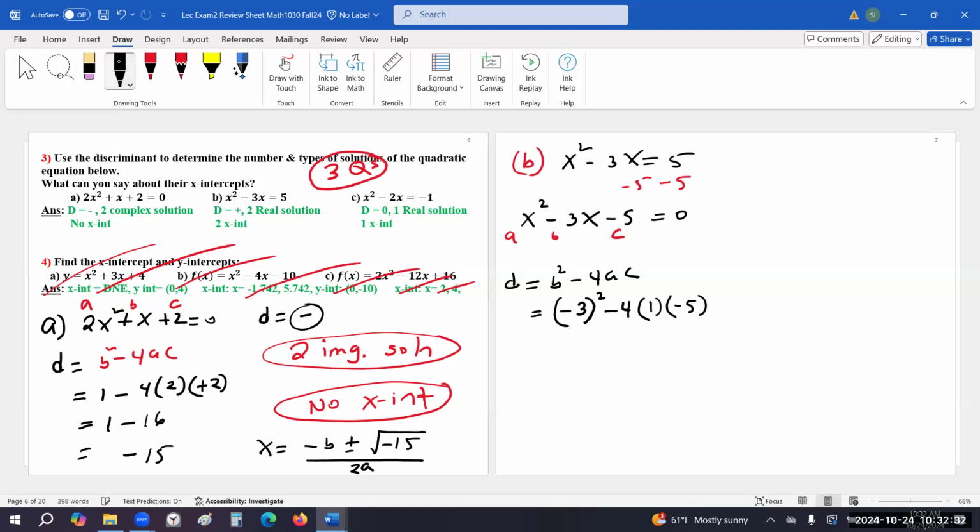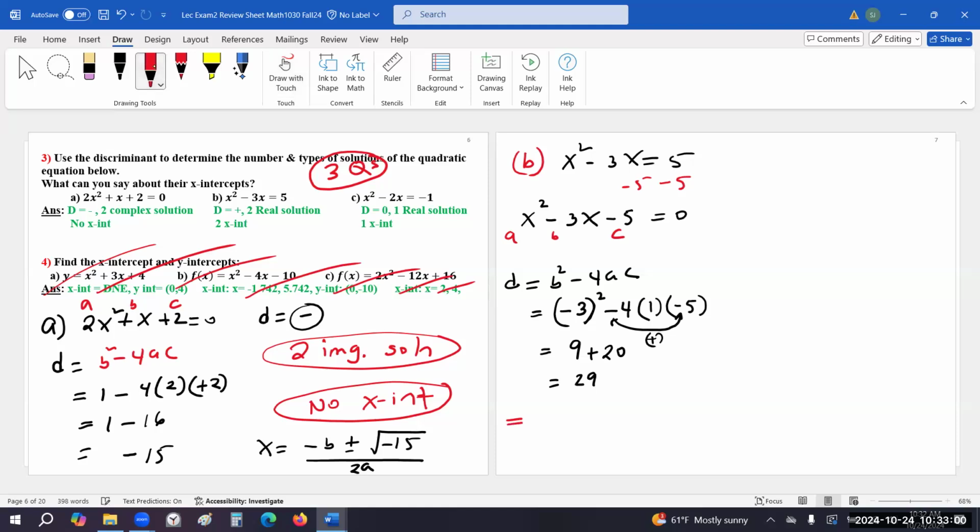Negative 5. So exponent rule, what is negative 3 whole thing squared? Good, positive 9. And now we have a double negative and multiplying, so they turn into what? So 9 plus 4 times 1 times 5, what do we have? 20. So we have a positive discriminant.